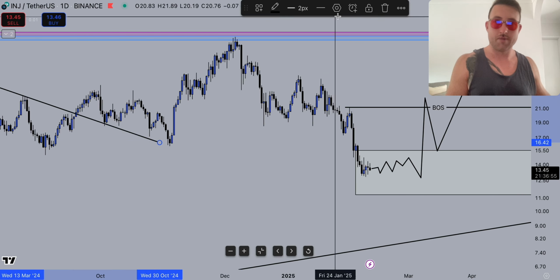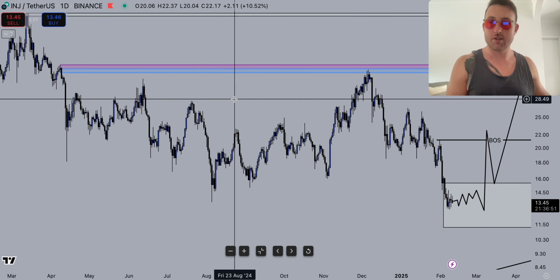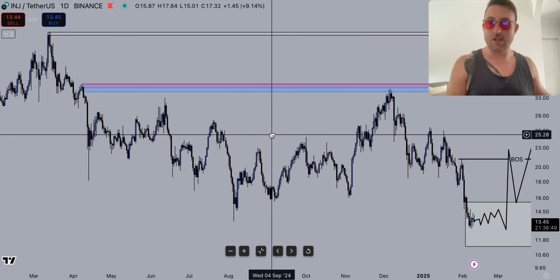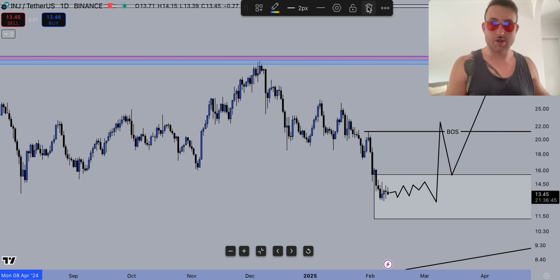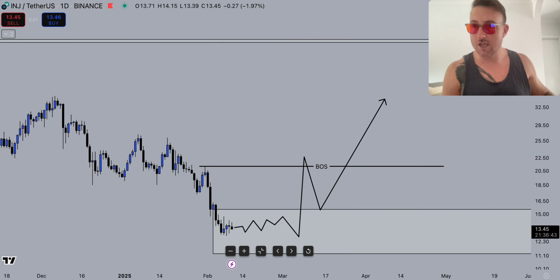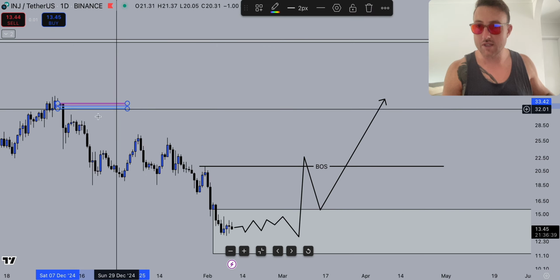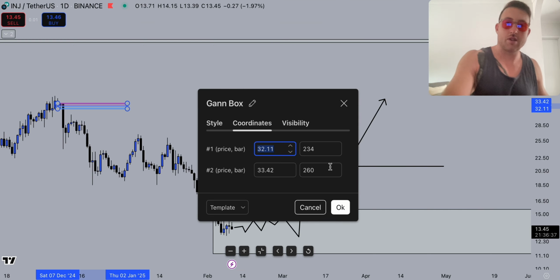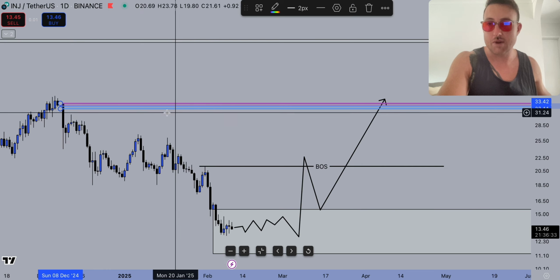So what we want to do is respect the imbalances. This one's actually been mitigated. Our target, as discussed, is this imbalance here, which is what needs to be collected in the market.